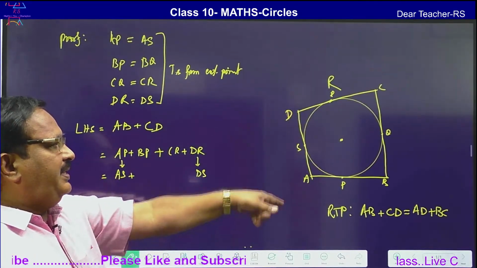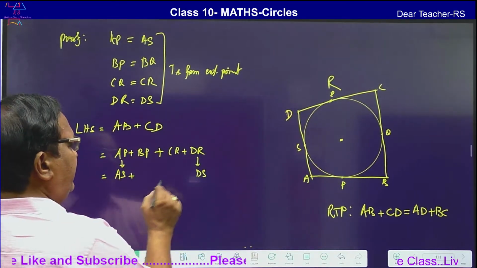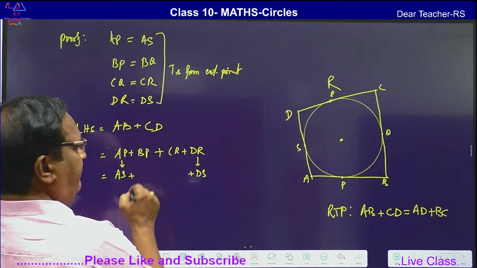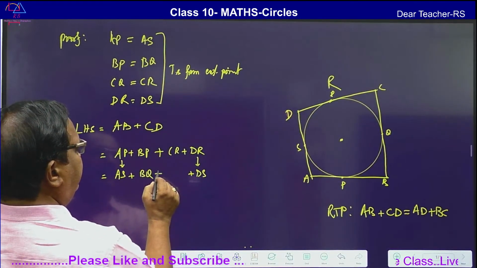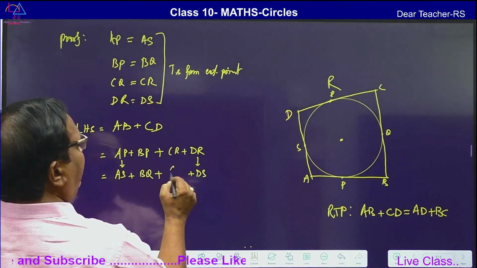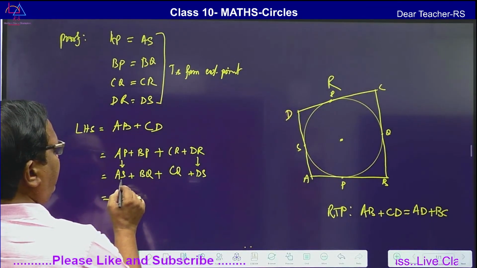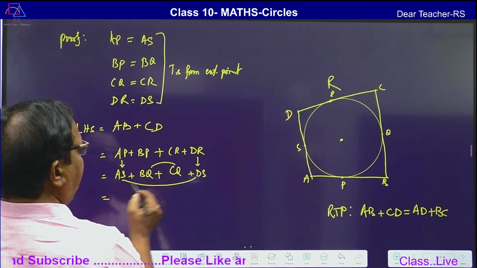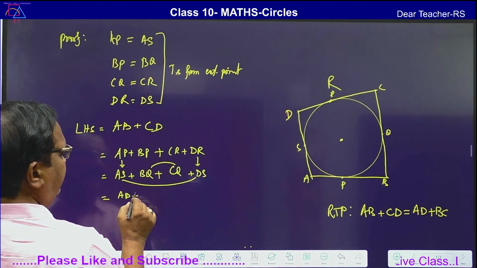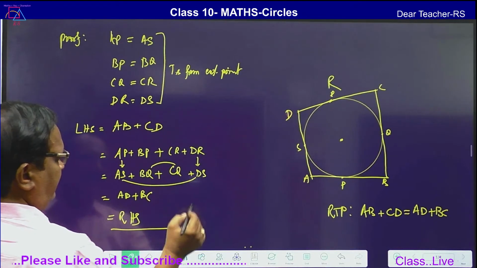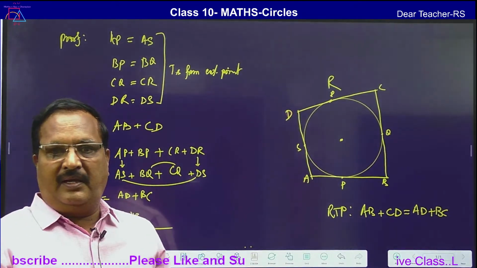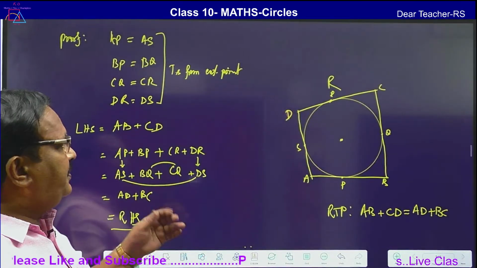It is nothing but AD. Okay. So now let me see BP. In the place of BP, I will write BQ. In the place of CR, I will write CQ. So now these two things and these two things, AD plus BC. So this is nothing but right hand side. This is how you have to prove.